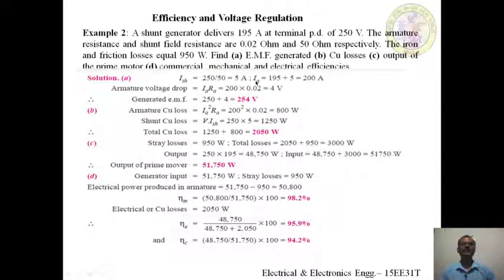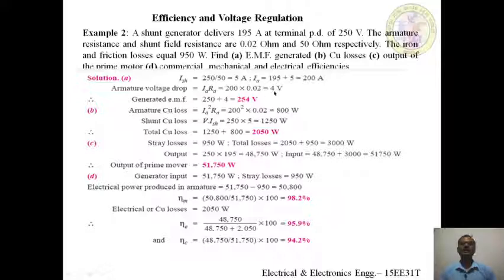IA: the load current is given. The equation of IA is I plus ISH. I is 195, ISH is 5, so IA is 200. Armature voltage drop is given by IA RA. IA we just calculated as 200, into RA, which is 0.02.